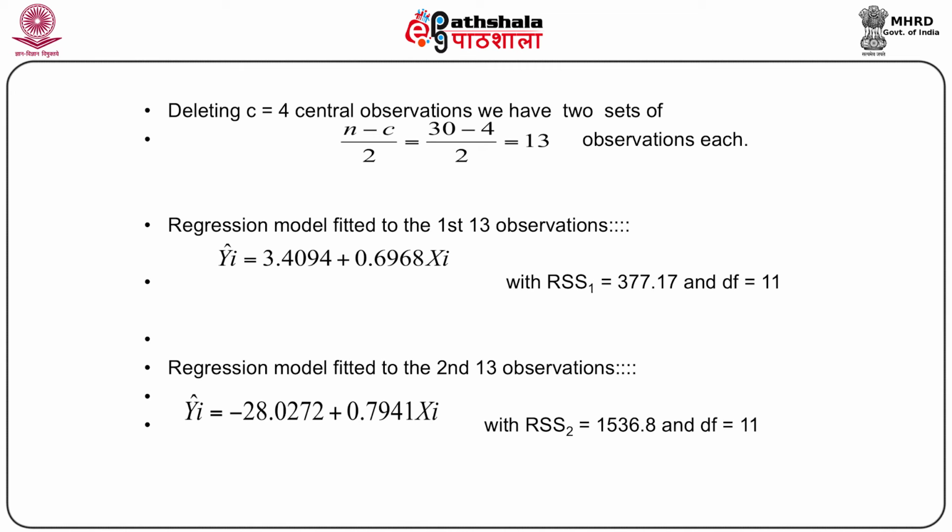And after we fit a regression model to the second set of data, the regression model that we obtain is y i hat equals minus 28.0272 plus 0.7941 x i, with residual sum of squares RSS2 equals 1536.8 and degrees of freedom 11.